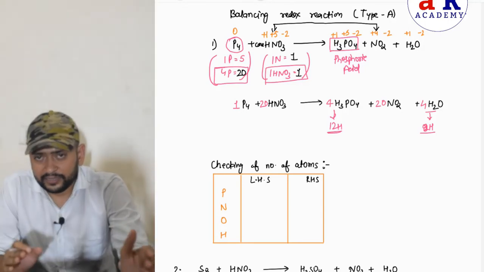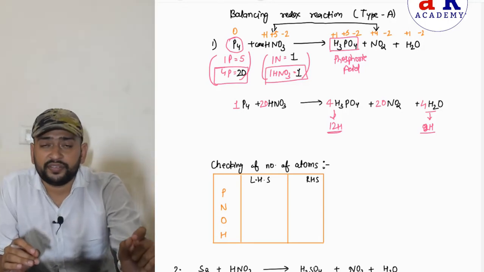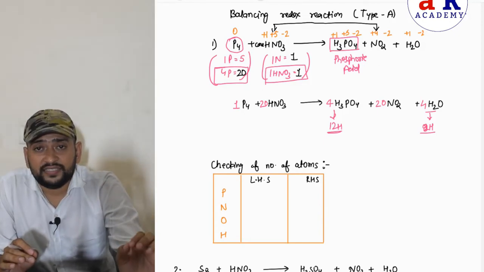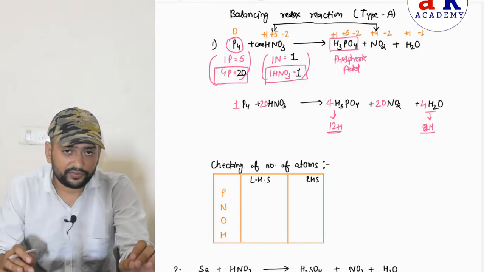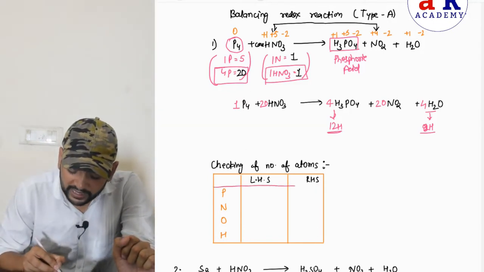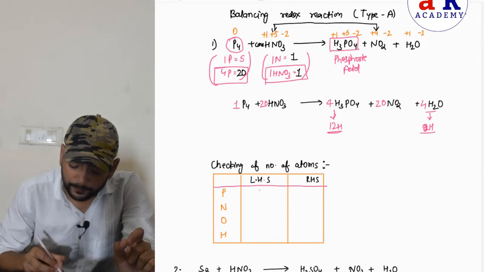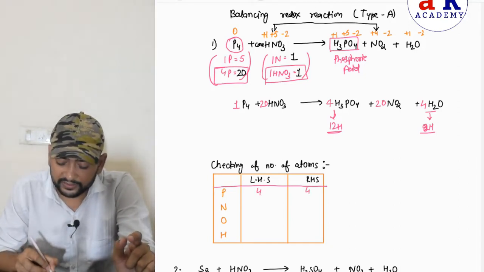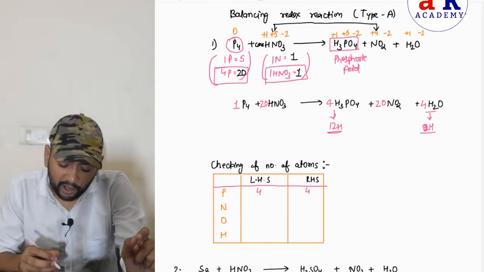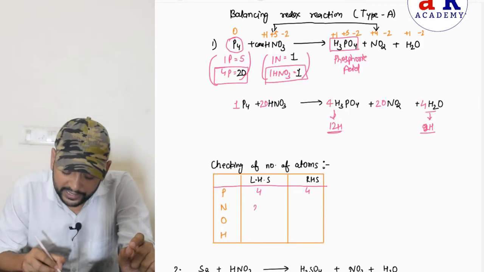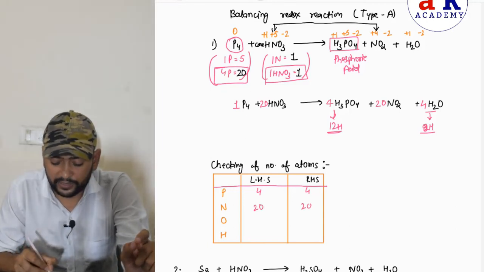Now let's count the total number of atoms of hydrogen, oxygen, nitrogen and phosphorus for confirmation. So let me do it. On the left hand side the total phosphorus atoms are 4, and on the right hand side also total phosphorus atoms are 4. On the left hand side the total number of nitrogen atoms is 20, on the right hand side it is 20 as well.